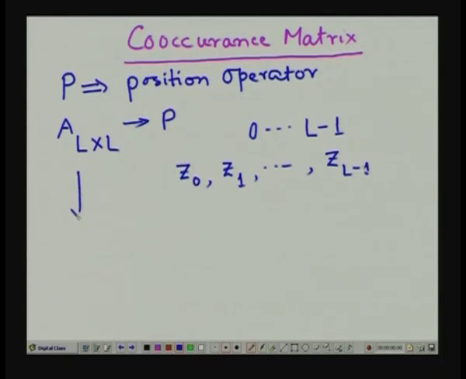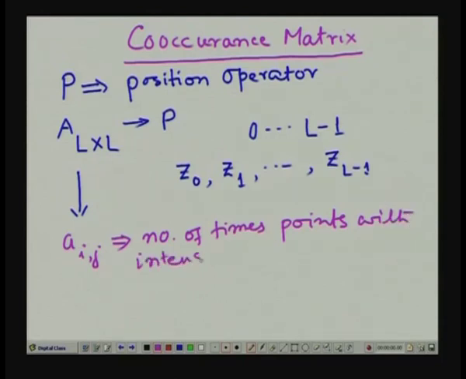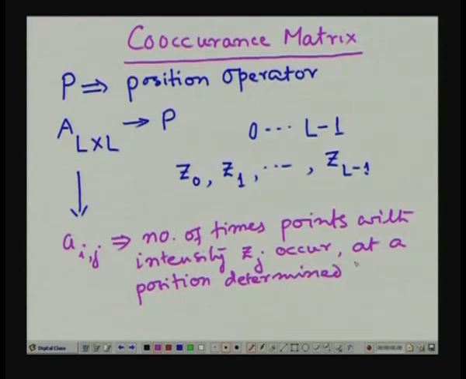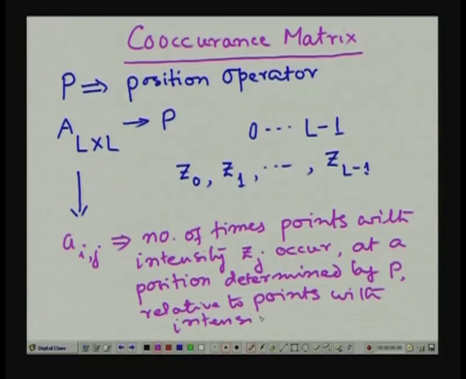And in this matrix A, which is of size capital L by capital L, a particular element, say A i j, will indicate the number of times points with intensity value Z j occur at a position determined by P, relative to points with intensity Z i.